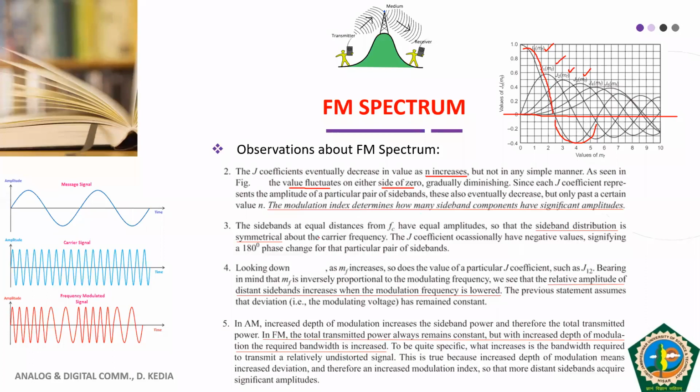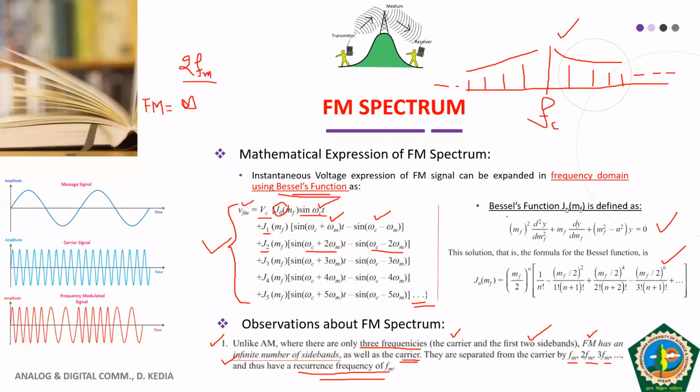The next point you need to understand or observe in point number 2 is that your modulation index determines how many sideband components have significant amplitude. This is an important point to notice. I told you that we have an infinite number of sidebands present, and these Bessel coefficients are functions of your modulation index.